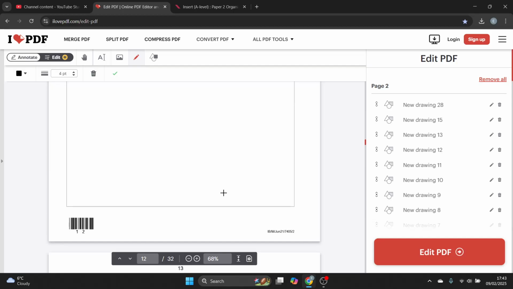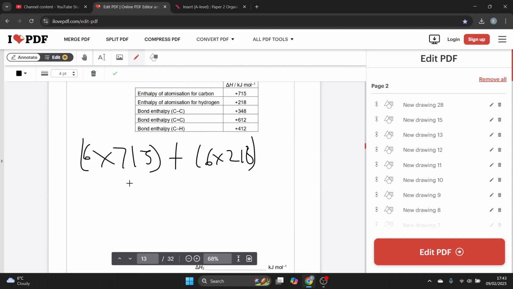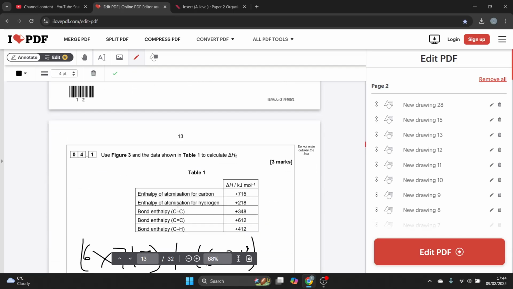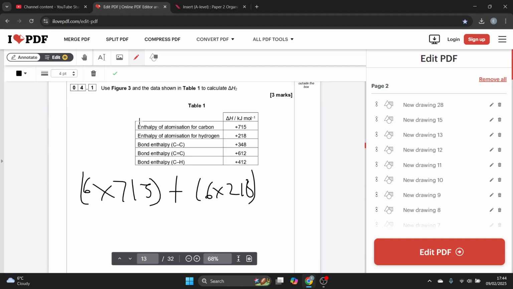And because I want to find out delta H of 2, I'm going to say that's Y, and therefore this and this equals this and this. So I've got the enthalpy of atomization for carbon, that's easy.